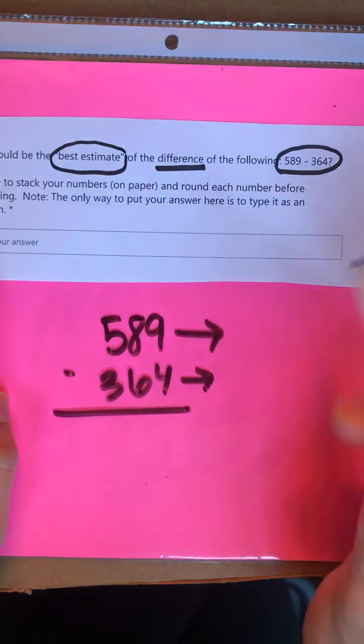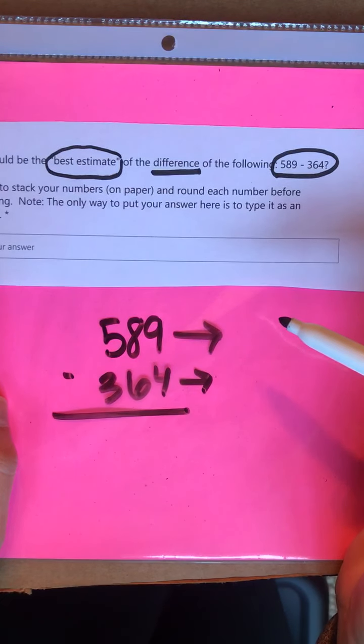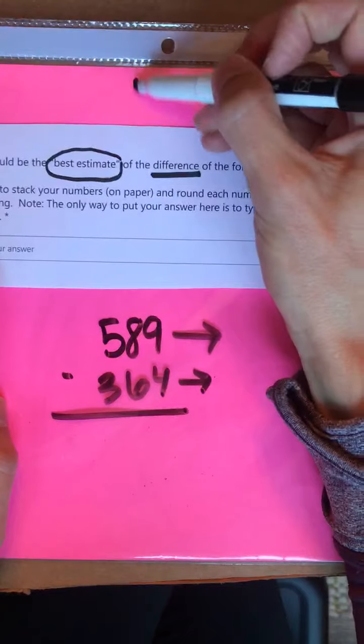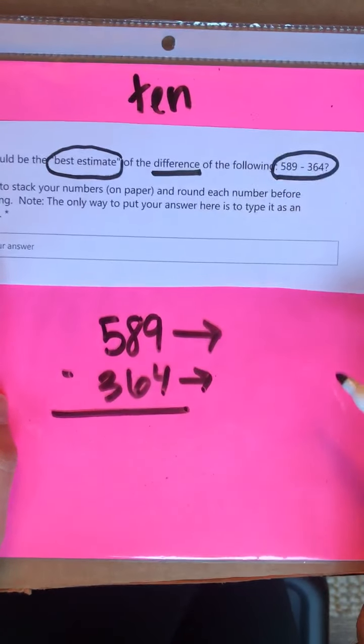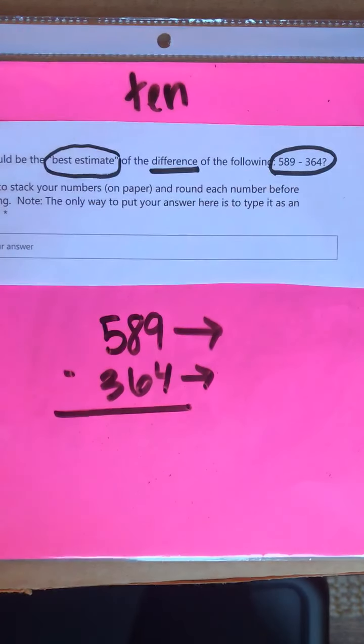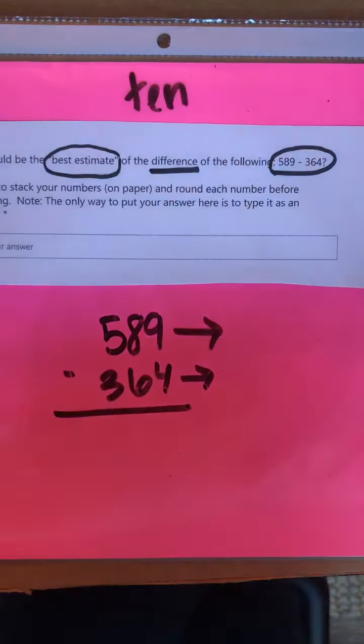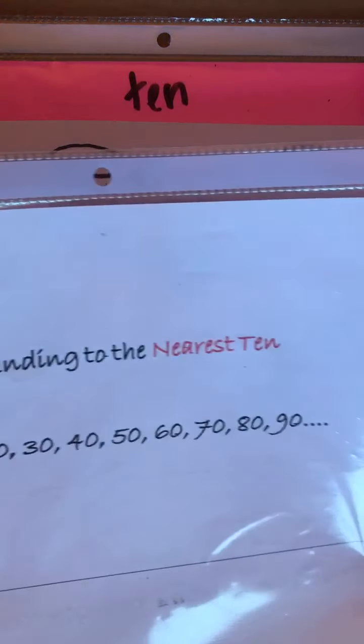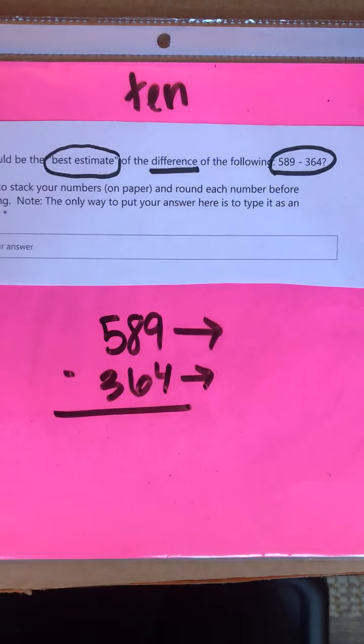Well, the best estimate simply means round to the nearest 10. Okay? So I would like you to round 589 to the nearest 10. And remember, draw a number line or use the one I made for you. And then round 364 to the nearest 10 using your number line.